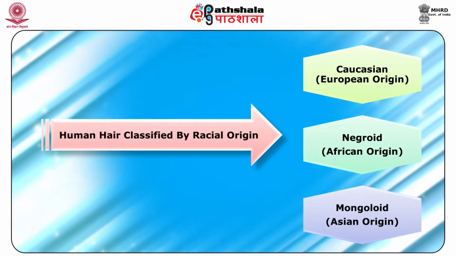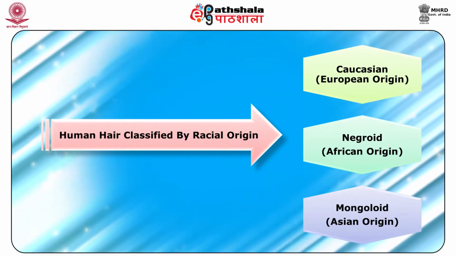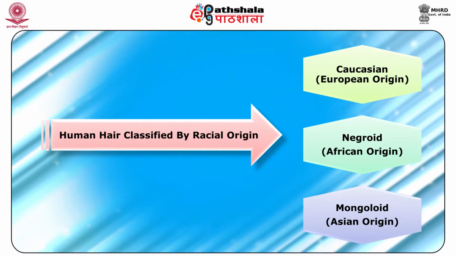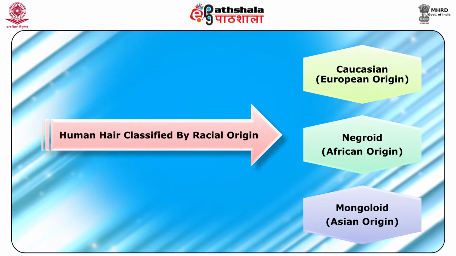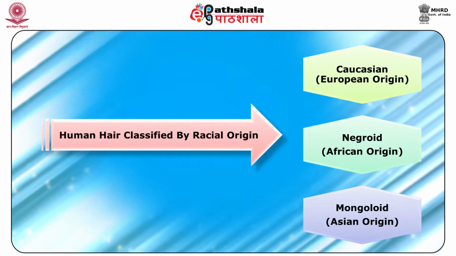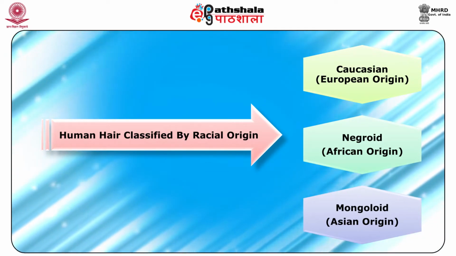Human hairs can be classified by racial origin, such as Caucasian European origin, Negroid African origin, and Mongoloid Asian origin. In some instances, the racial characteristics exhibited are not clearly defined.